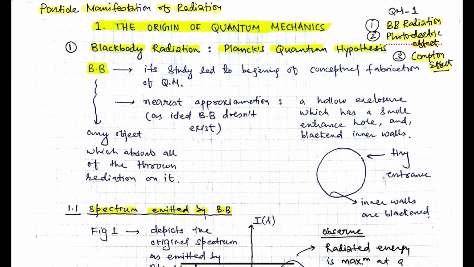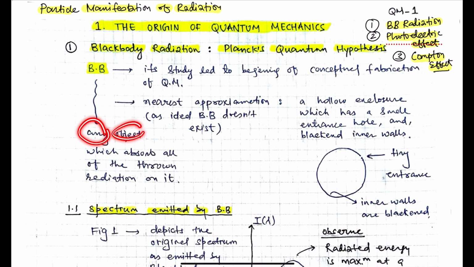So let's move forward. The first chapter from our module of quantum mechanics is the origin of quantum mechanics itself. And we are going to study black body radiation and Planck's quantum hypothesis. So black body, its study led to the beginning of the conceptual fabrication of quantum mechanics. We will see how. And what is a black body?